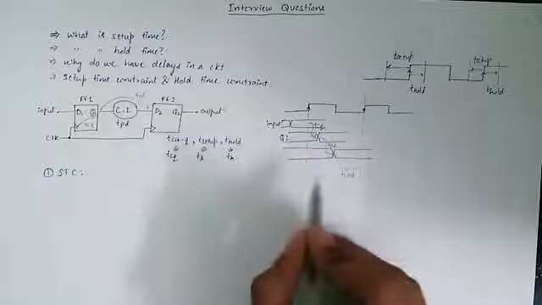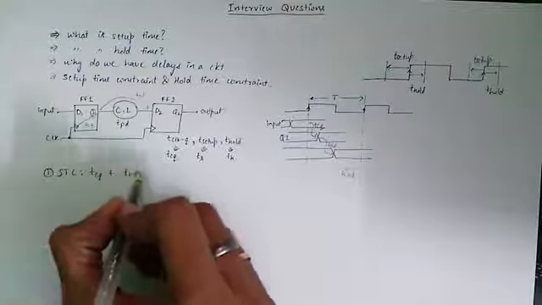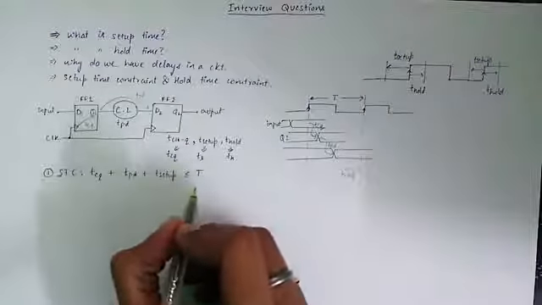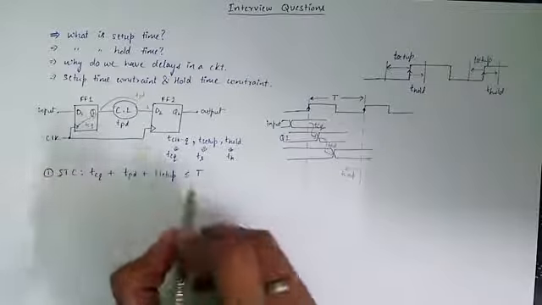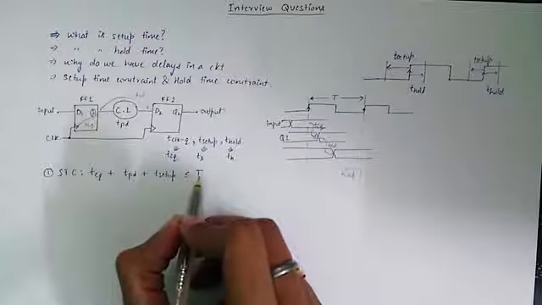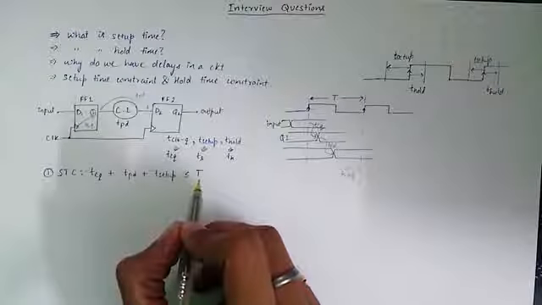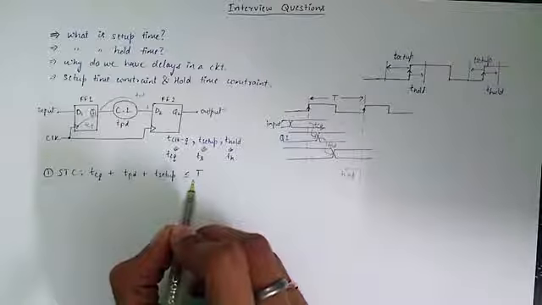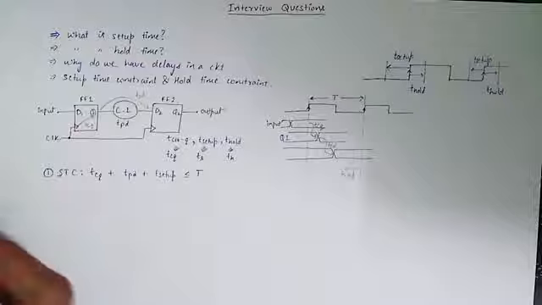So we get T clock to output plus TPD plus T setup must be less than or equal to T. In this equation, we know all the delays. So we can find the minimum time period at which the circuit must be operated such that no setup time violation occurs. 1 upon the minimum time period gives the maximum frequency at which the circuit can operate, which was asked in our question.